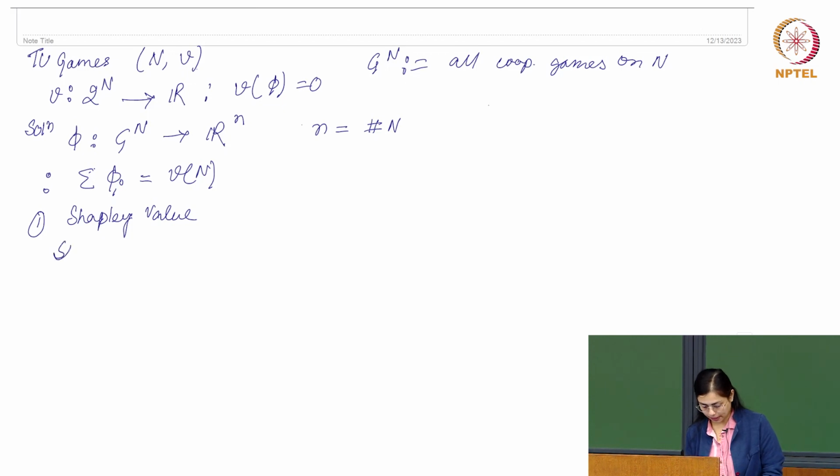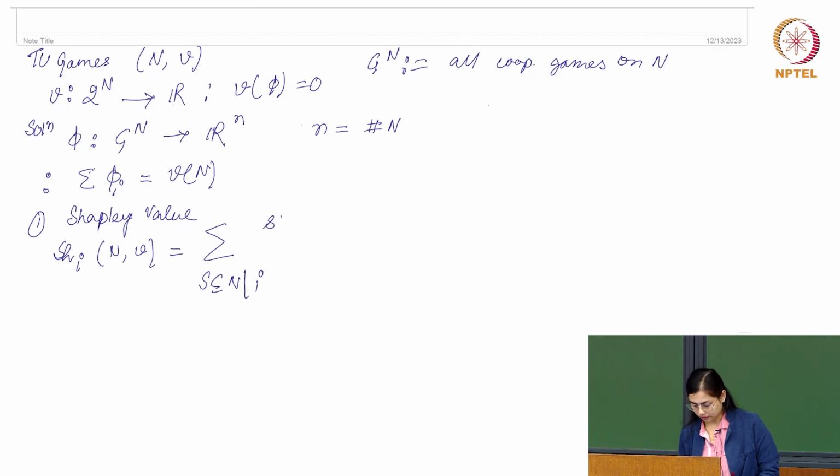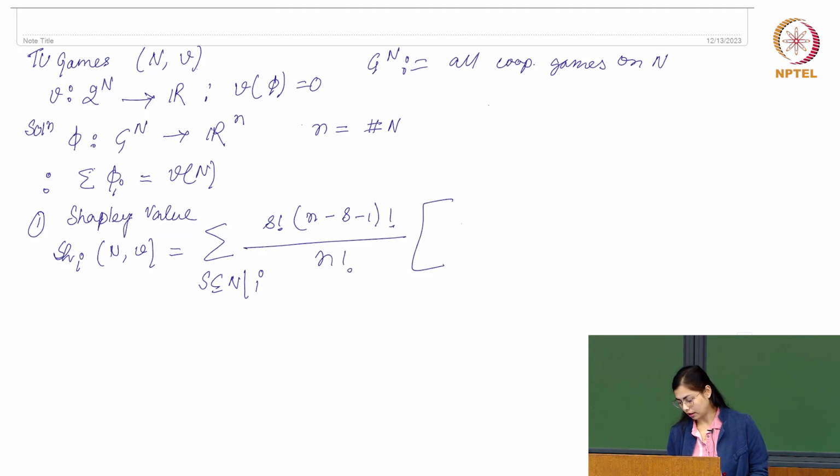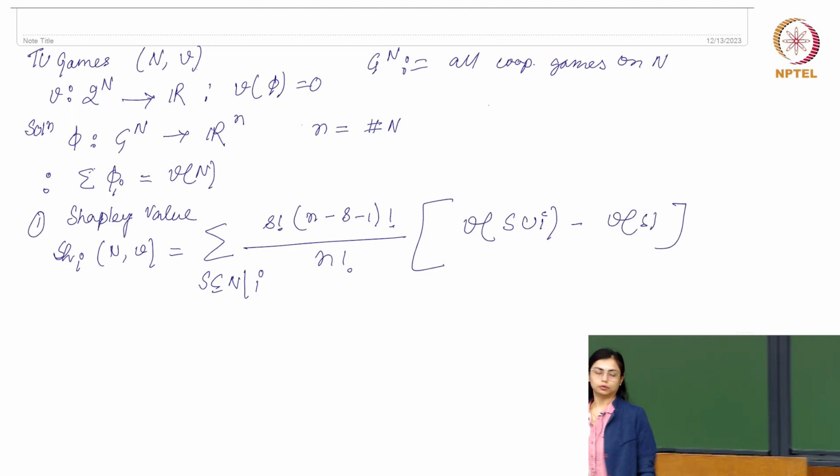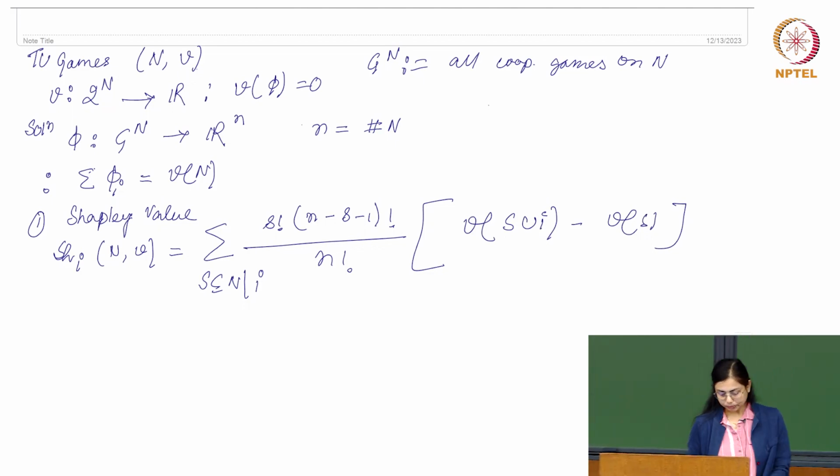For a particular player i, the Shapley value for the game N, V is the summation over all S a subset of N minus i, of the cardinality of the coalition S factorial, times n minus the cardinality of S minus 1 factorial, divided by n factorial, times the marginal contribution of player i to the coalition S. So this is how the Shapley value is defined.